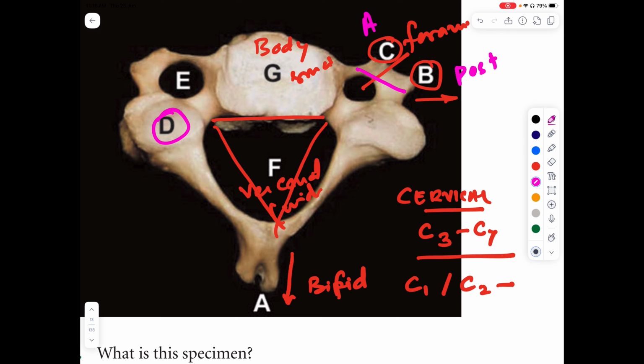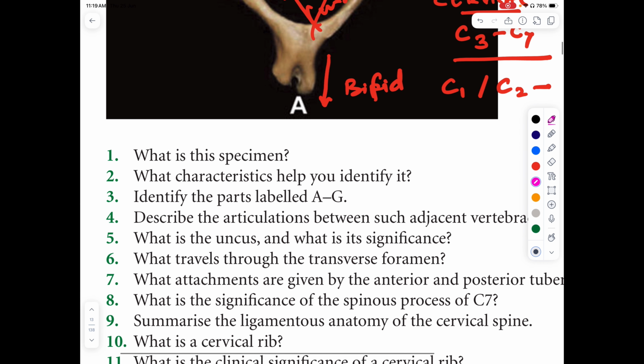The vertebral arches articulate with each other by way of synovial joints. So how do these arches articulate? These lie almost in the coronal plane in the cervical region, allowing flexion. Now fifth, what is uncus and what is the significance?